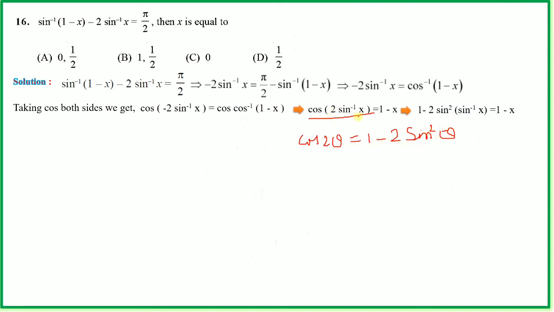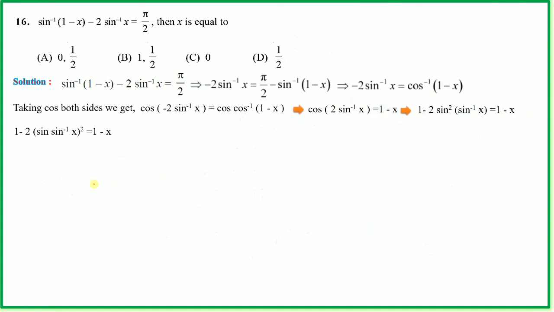So cos 2 theta is equal to, now instead of theta we have sine inverse x. So I am going to write here 1 minus 2 sine square, and instead of theta we have sine inverse x. So 1 minus 2 sine square theta, theta is sine inverse x, is equal to the right hand side 1 minus x.